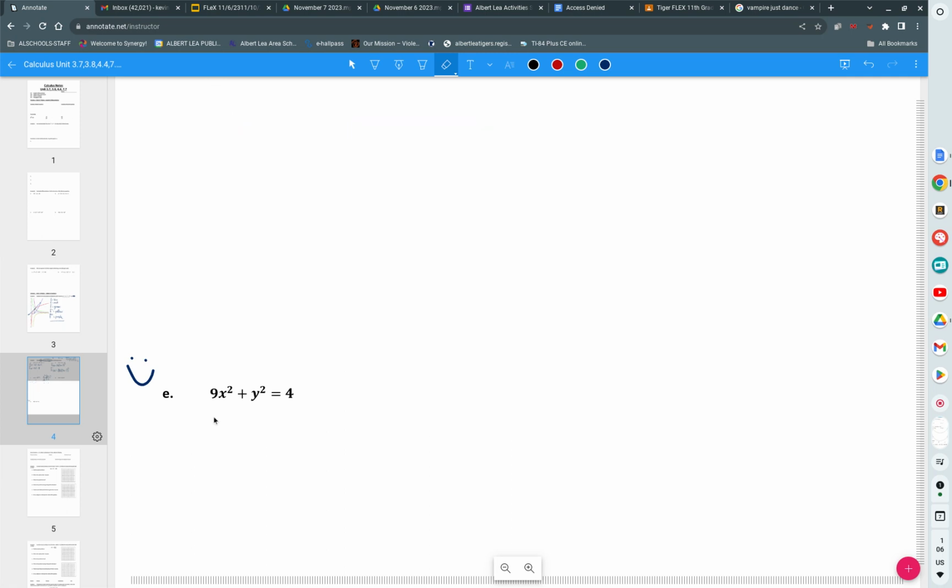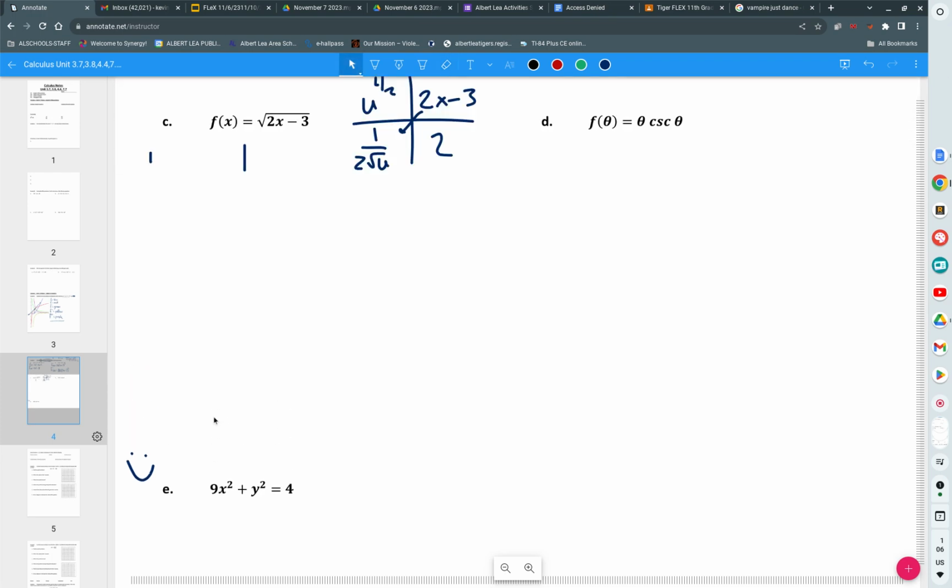So we have theta times cosecant of theta. First derivative, piece of cake. What rule do we use? Product rule, good.